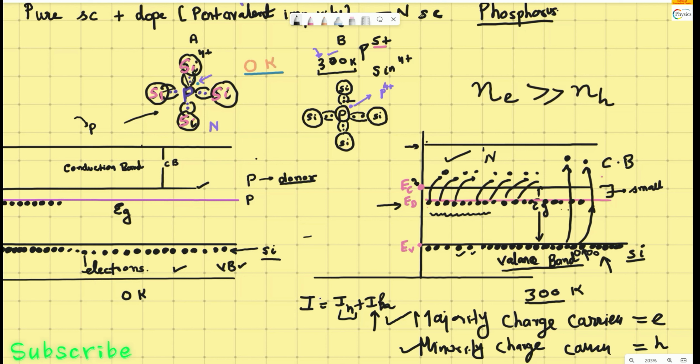One more important point, and this is the basic one, the level of doping which is done, that is the amount of pentavalent impurity that you add, is some millions. The ratio is 1 is to maybe 10 raised to power 8, or something like that. So this is one phosphorus atom, and these are silicon ones.